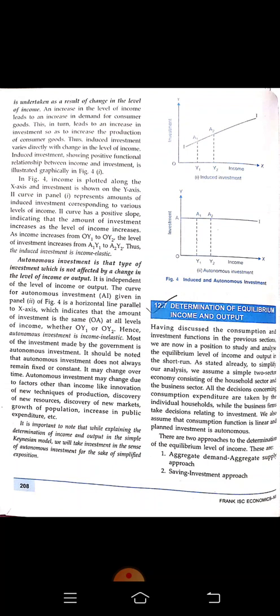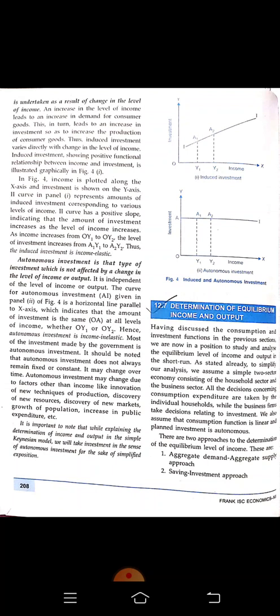In other words, aggregate supply refers to the value of total output of the goods and services produced in the economy in a year. Aggregate supply is equal to the value of national product, that is, the national income.